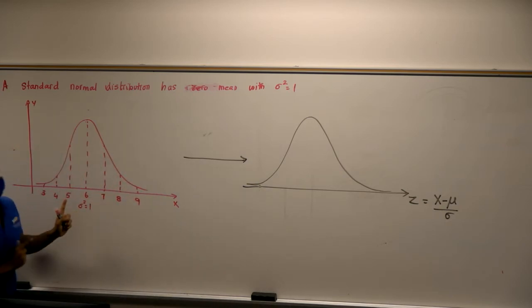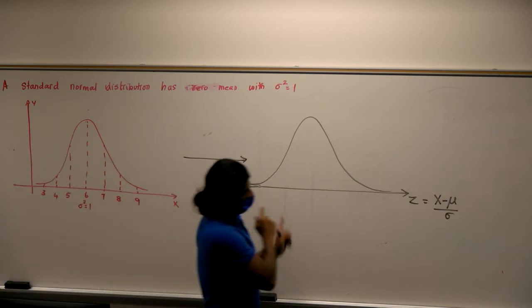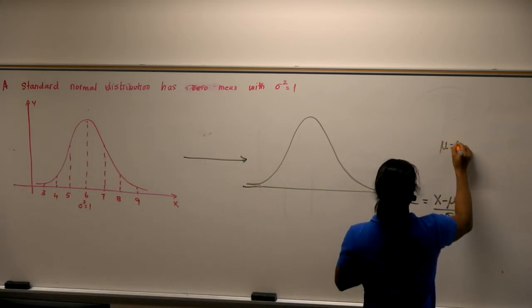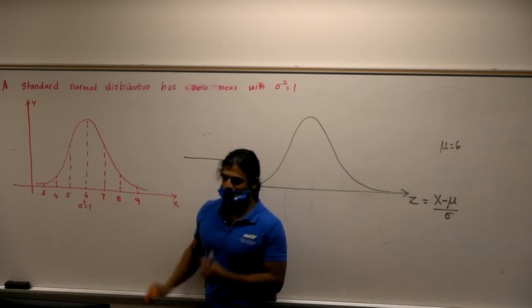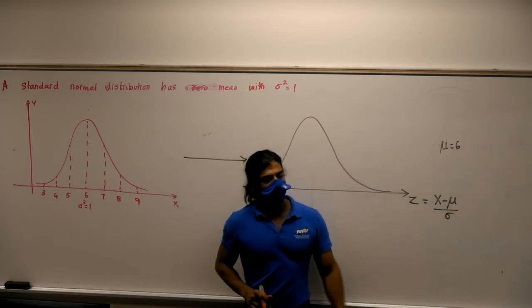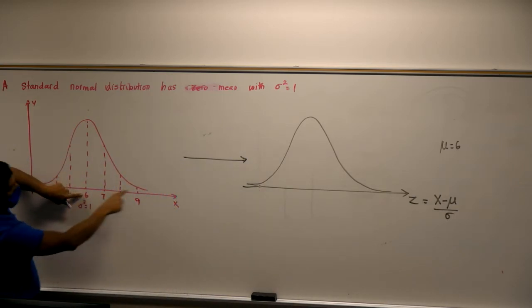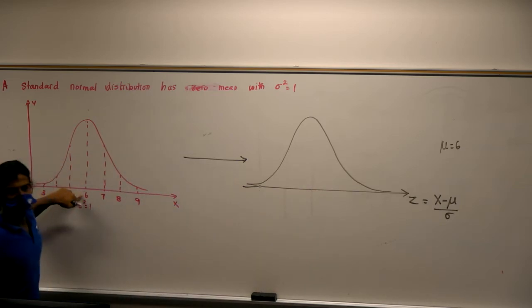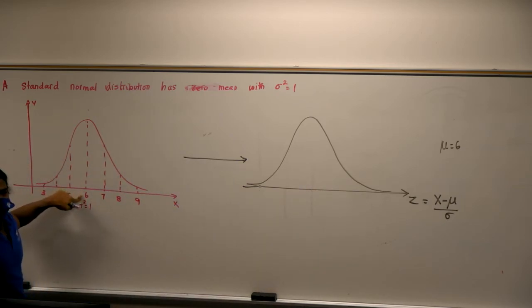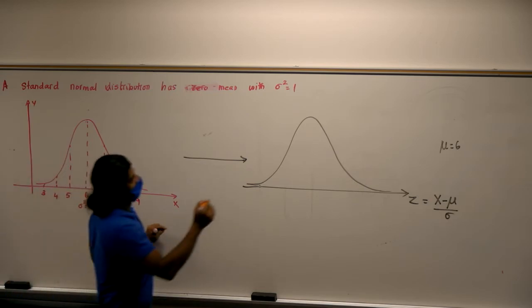So, if this is the value of X, and the mean is also 6, what would the Z-score be? So, the mean mu, in our case, is 6. The observation right in the middle is 6. Standard deviation is 1. So, what would that number correspond to over there? 0.